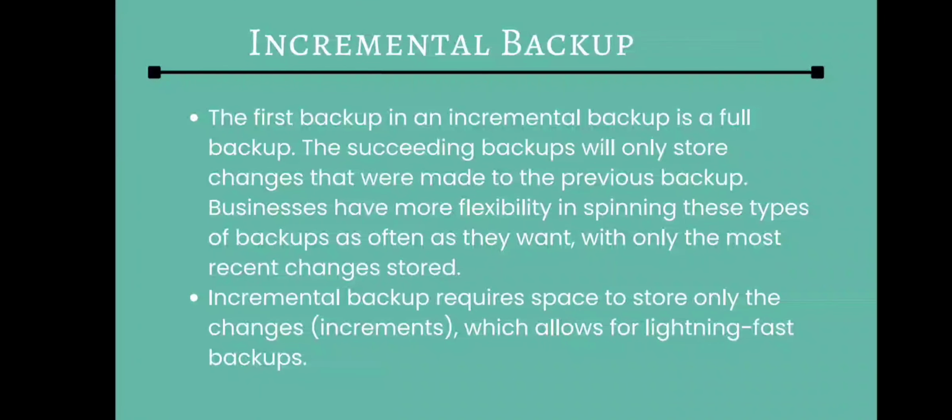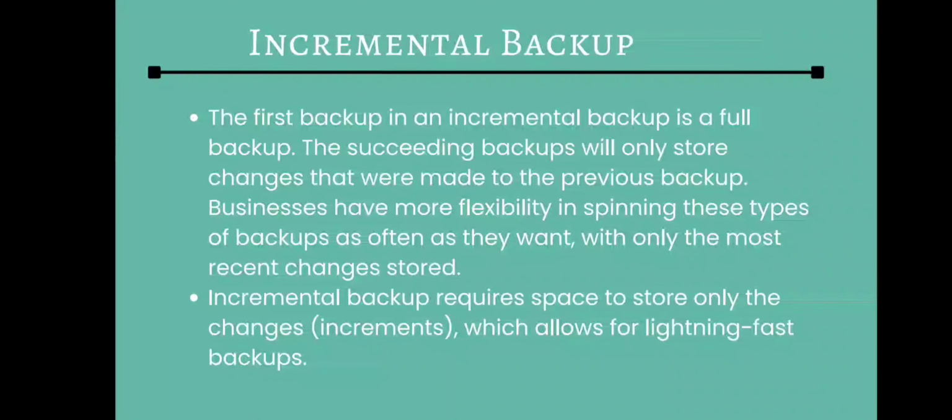Next is incremental backup. The first backup in an incremental backup is a full backup. The succeeding backup will only store changes that were made since the previous backup. Incremental backup means if I have the previous data, I will add the new data on top of the current data only. That is known as incremental backup.